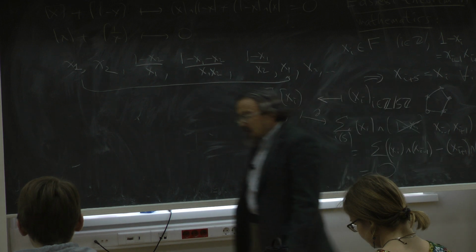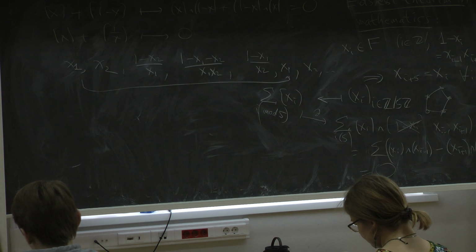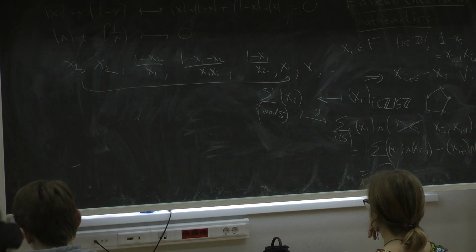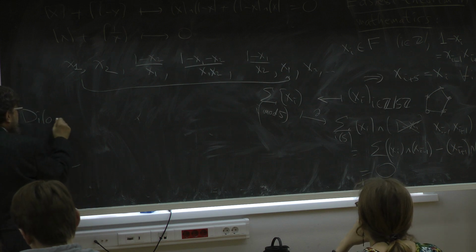Now, I haven't really motivated where this 5-term relation comes from, and where the K-theory comes from, and where the whole thing comes from. So there are two motivations. One motivation is the so-called dilogarithm.